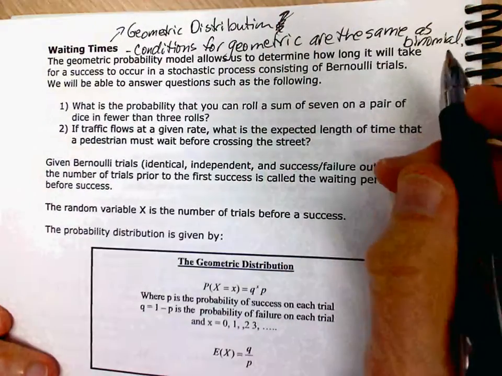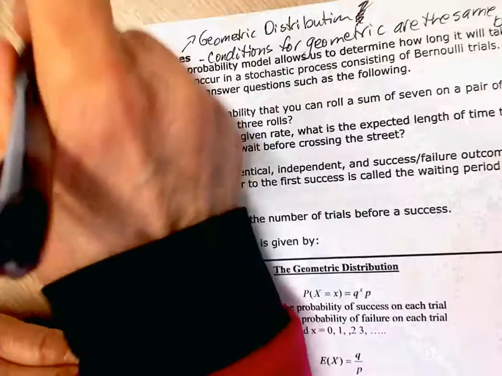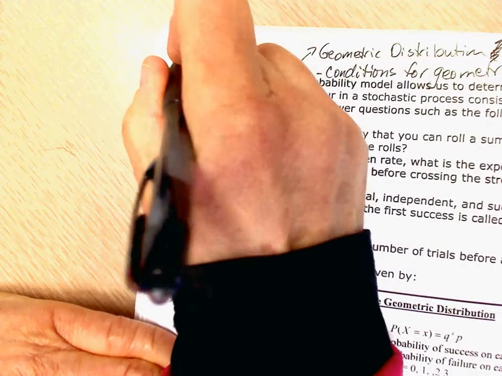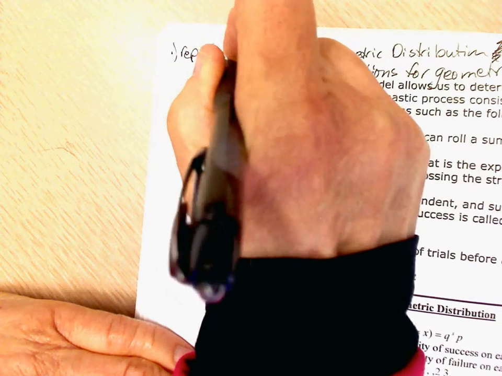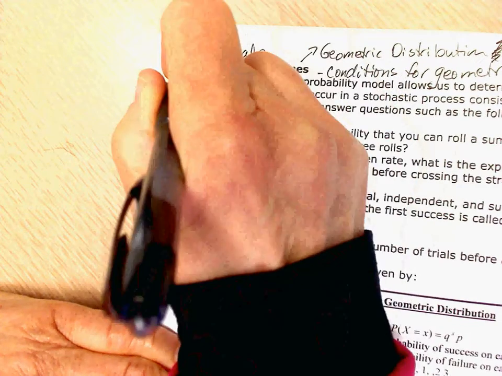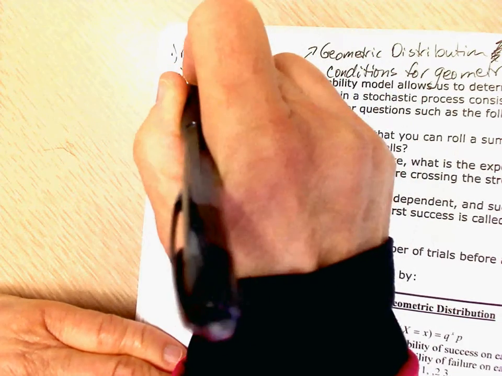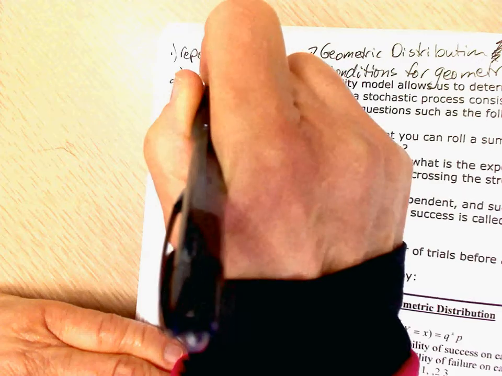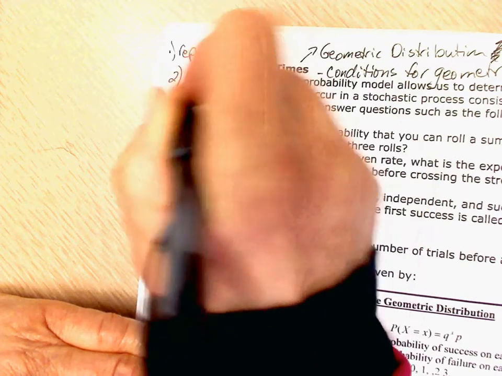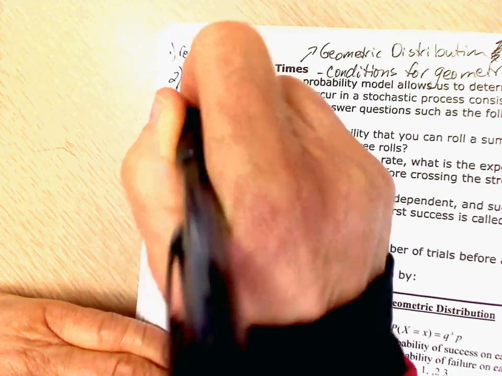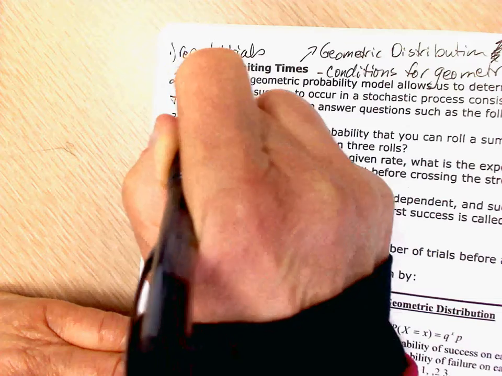So, and those conditions are, let me write them here. 1, repeated trials. 2, independent trials. 3, 2 outcomes.